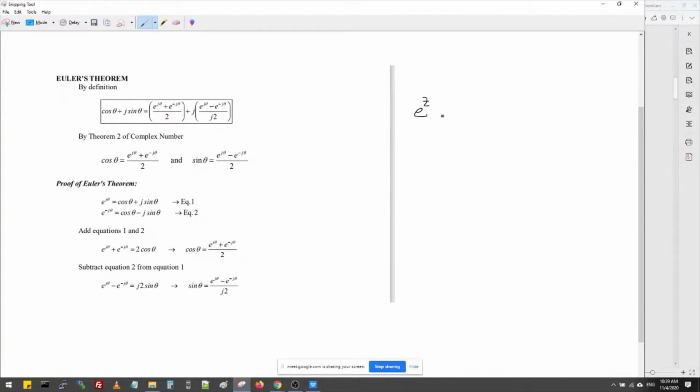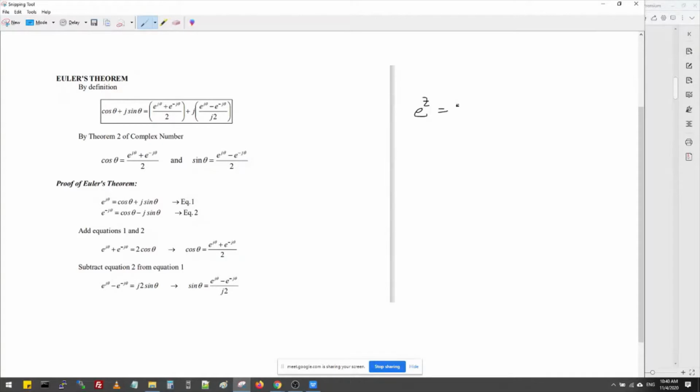Are you familiar with the Taylor expansion? When we use the Taylor expansion, e raised to z is just a series expansion of our analytic function.